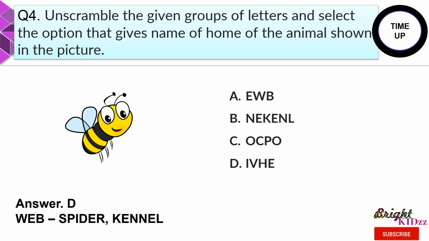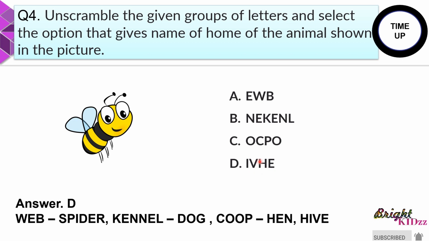Answer D. This is a bee and its home is hive. So D option is correct. First is web, which is for spider, kennel, house of a dog, coop, house of a hen, and hive is house of a bee. So D is the correct answer.